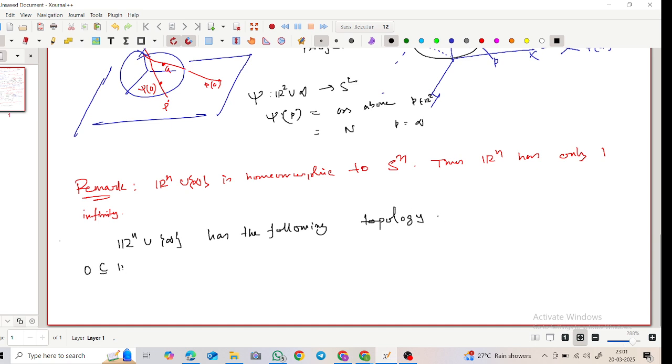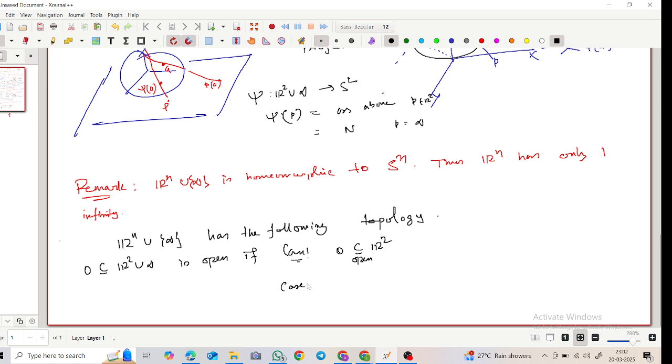A subset O of Rn union infinity is open if, case 1, O is an open subset of Rn. Then O is open in Rn union infinity as well.